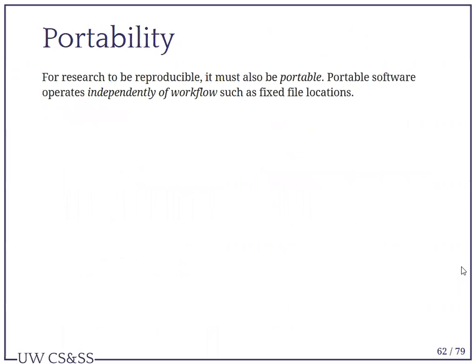And this is valuable because we want them to be portable. For research to be reproducible, it must also be portable. Portable software operates independently of your workflow, which is the specific machine that you work on, such as fixed file locations.